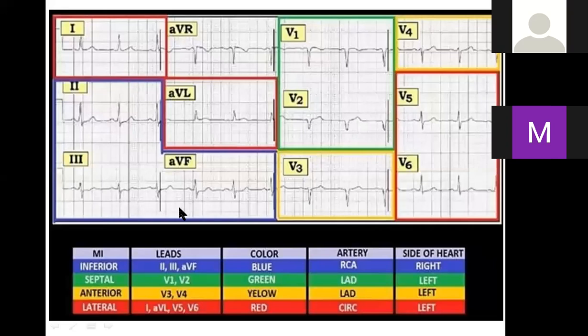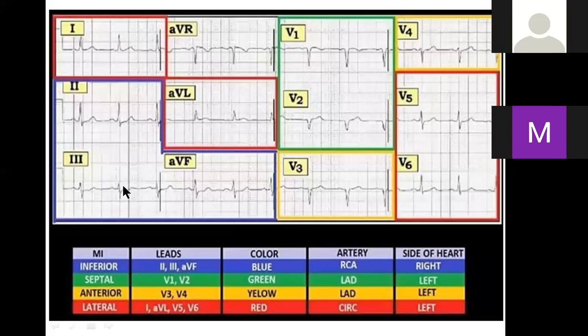These are the regions which will show you the area of the heart affected. Look at the colors, friends. This is the inferior region. In inferior, the leads will be 2, 3, aVF. The color is blue.